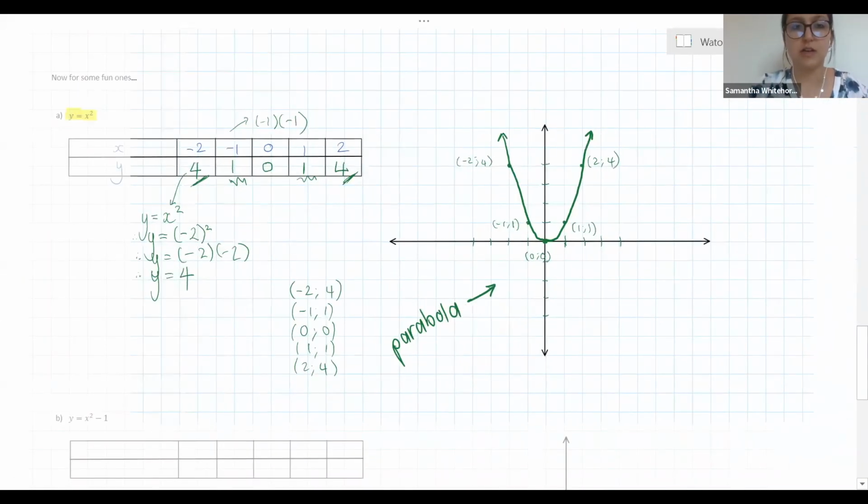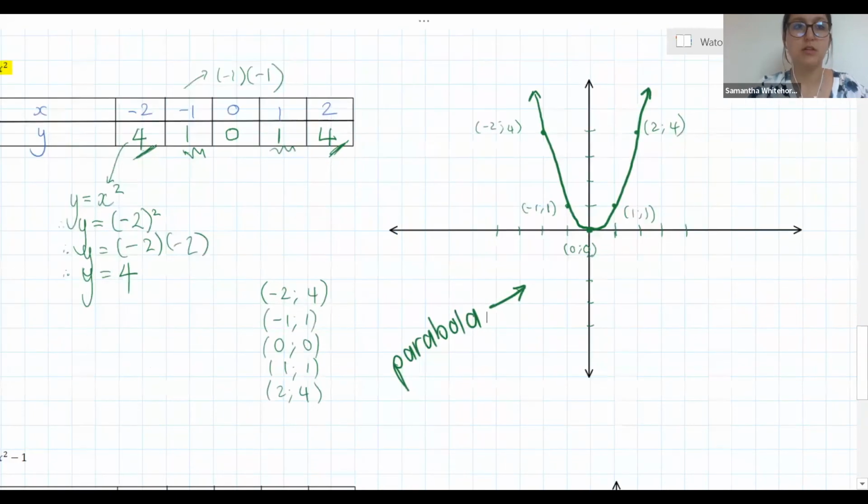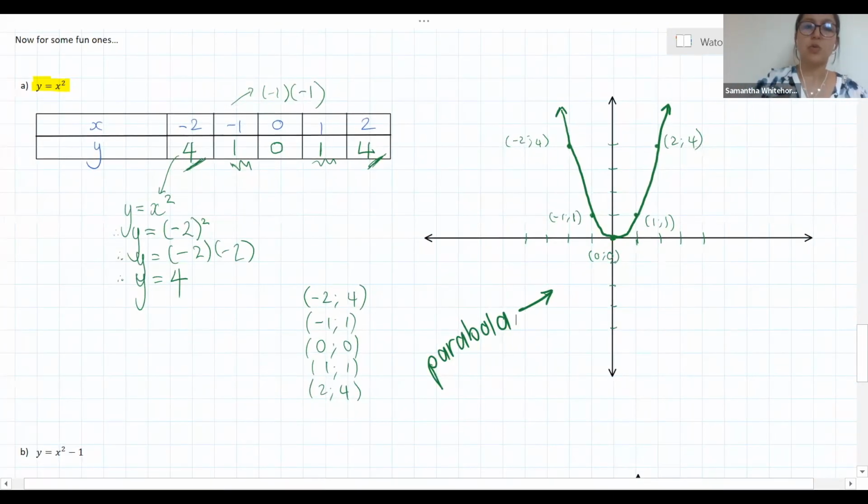That sounded like a very long-winded answer. Right, so it's called a parabola. It's not a constant relationship because it's not the same thing happening each time. I wouldn't say it's an exponential relationship. It's a quadratic relationship.